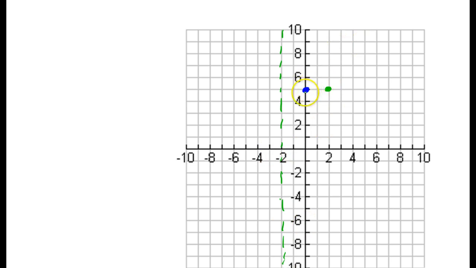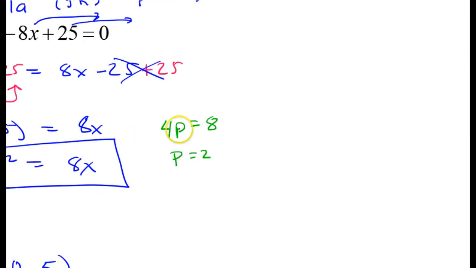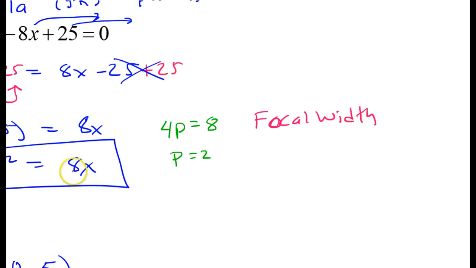So I can almost see the parabola opening to the right around this focus. But I need 2 more points to graph this accurately. For that, I'm going to use something called the focal width. The focal width is very closely associated with this 4p. See this 8 in the front? The focal width is going to be 8.